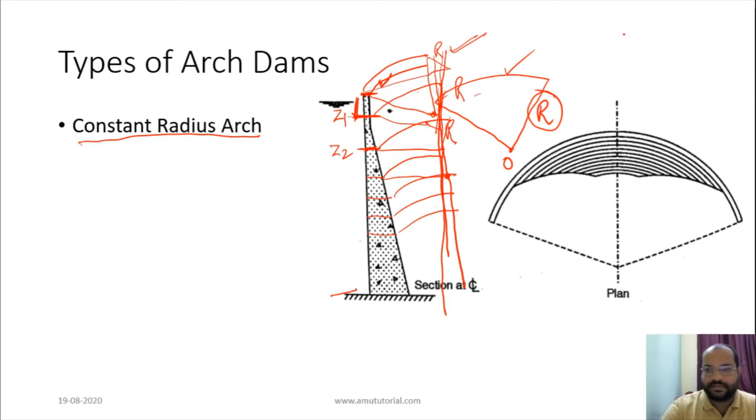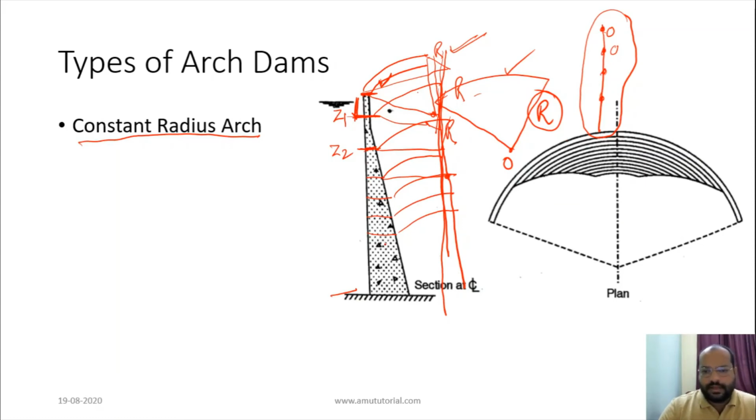This is the top center, this is some z meter below. So all these centers will lie on the same vertical line, but at different elevations.